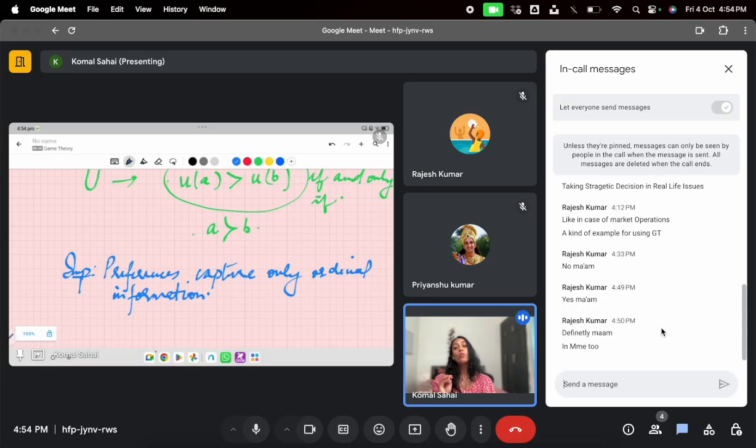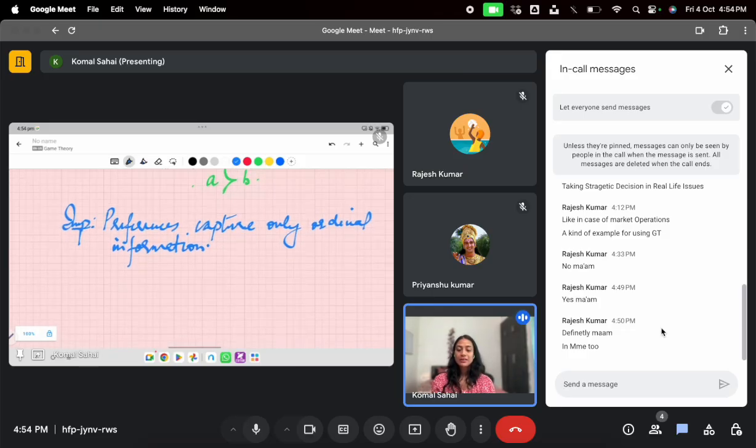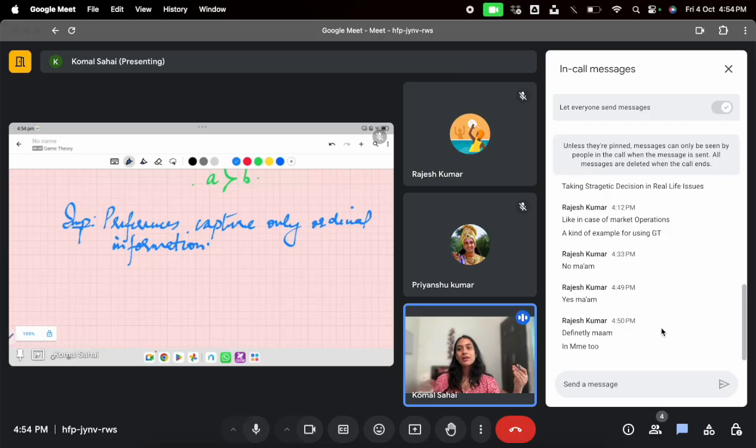We do not know how much A is preferred over B. If A is preferred over B and B is preferred over C, then in no way can the preference tell us that A is preferred over B more than B is preferred over C. That information is simply not in it. All that is captured in any preference is that A is preferred over B and B is preferred over C. The strength of the preference is not information that a preference has, by construction. Otherwise we would reach the cardinal zone, and that is problematic for various other reasons.